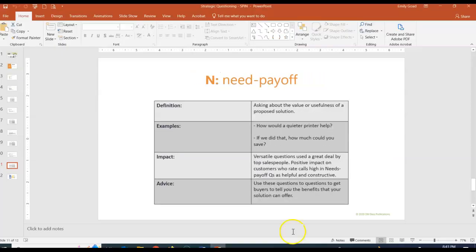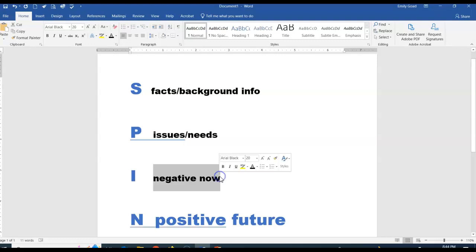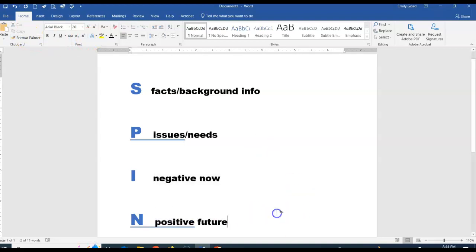So back to my Word doc. This I term as the positive future, if I can spell. So with this question, I'm getting my potential customer to say, yes, I want to solve this.